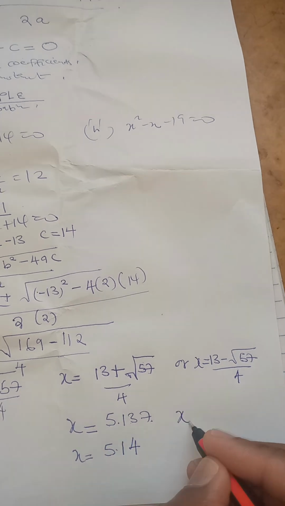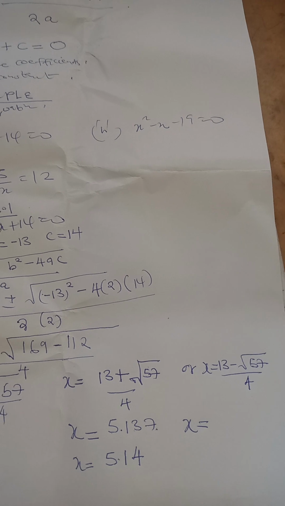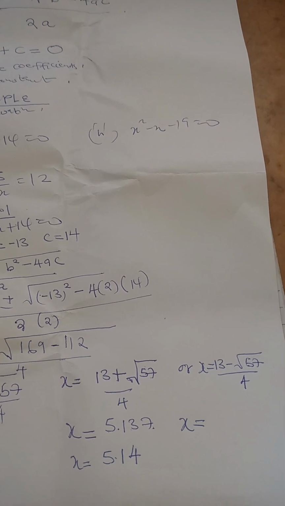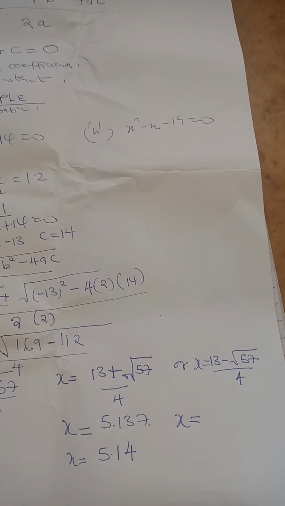Then x is going to be equal to, let's compute this on a calculator, 13 minus the root of 57, divide by 4.